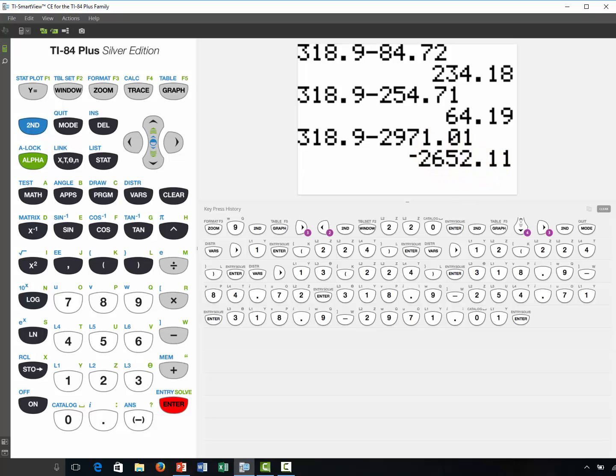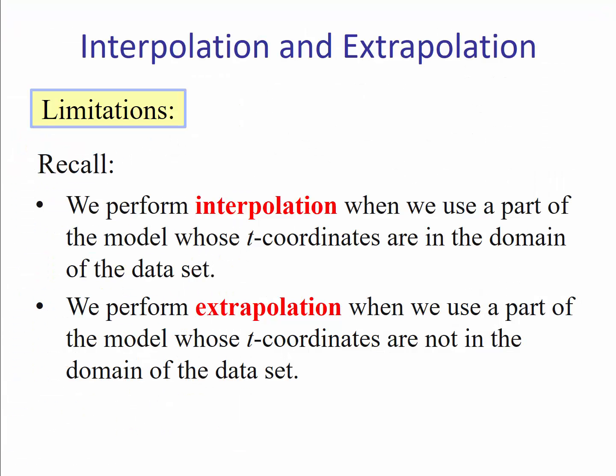So when we create regression models, the model is usually only as good when it is near the domain of the x values. And since in this example we're looking at the population to 1660, we extrapolated the data way too much for actually any of these models to be reliable. So for the limitations, we need to keep in mind the interpolation and the extrapolation.